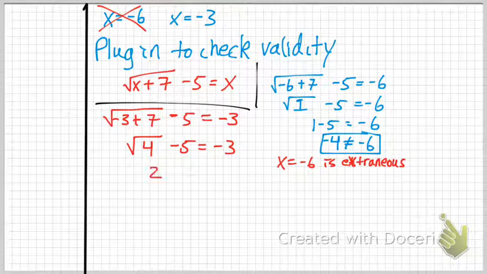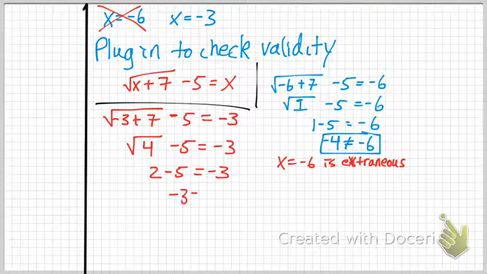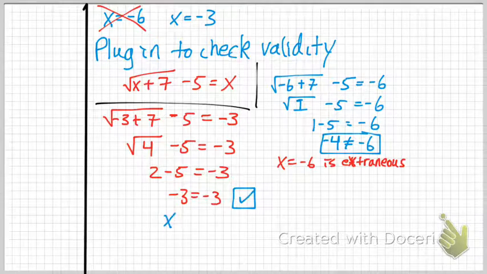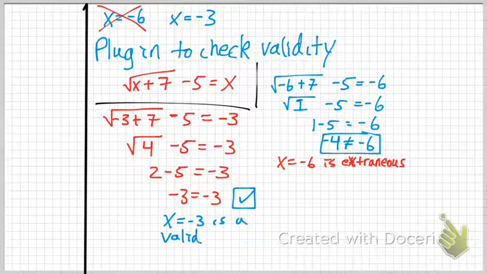And then this becomes 2 minus 5 is equal to negative 3. And we see that indeed 2 minus 5 is going to be negative 3, so negative 3 is equal to negative 3. So we are happy here, and x is equal to negative 3 is a valid solution.